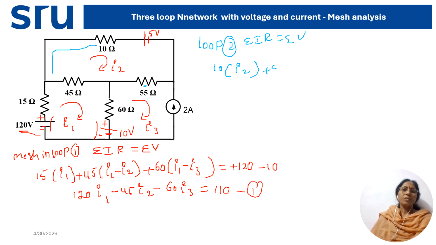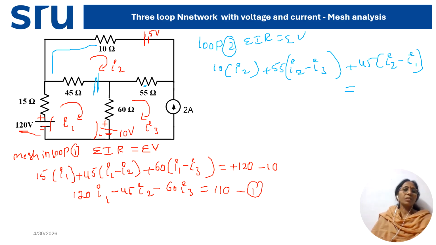So plus 55 into (I2 minus I3). Now the drop across 45 is plus 45 into (I2 minus I1), since it is connected between loop 2 and loop 1. The 3 resistors are over.